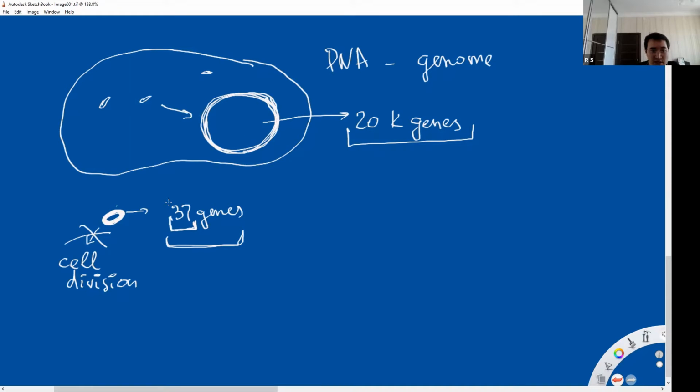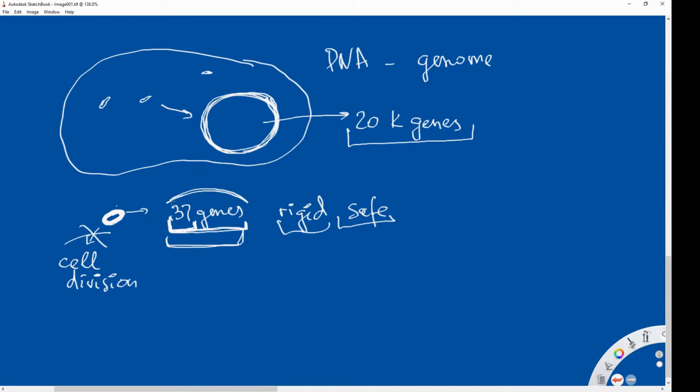So they kind of decided to keep 37 genes that are very reluctant to mutations. They are rigid and safe. They cannot mutate, okay? If you take the mitochondria from today and from 200,000 years before us, they will have almost the same or the same gene sequences.